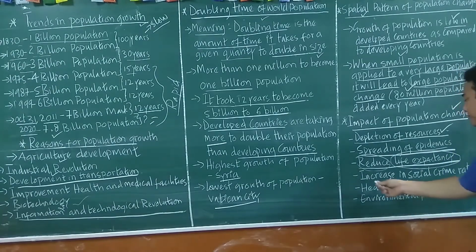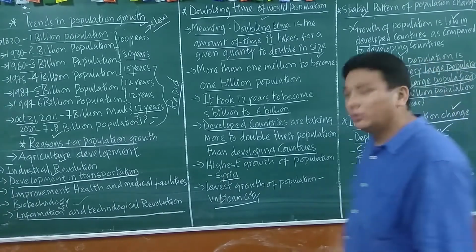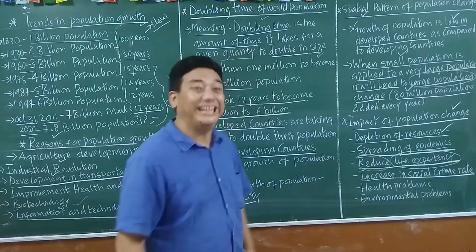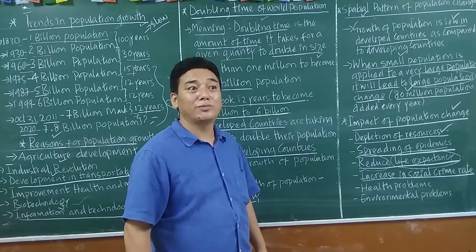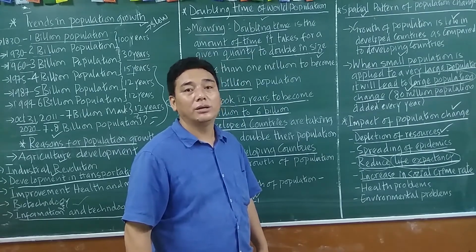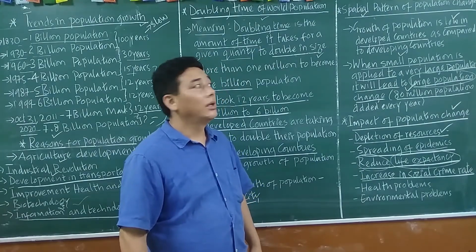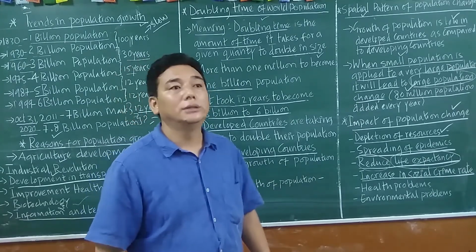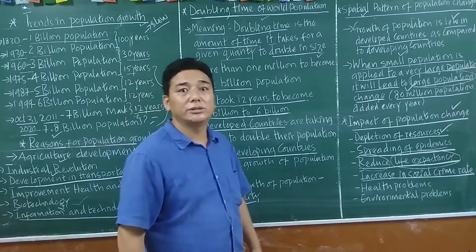The next impact is the increase in social crime rate. The water war has already started, for example between India and Pakistan because of the Indus water treaty. The water war is going on between China and the neighboring countries.